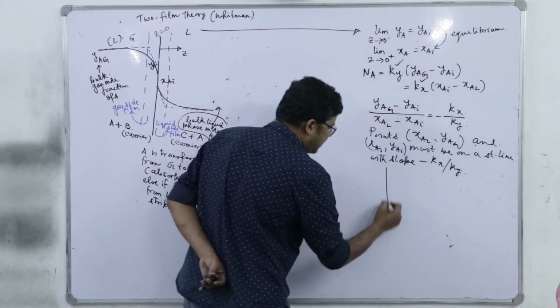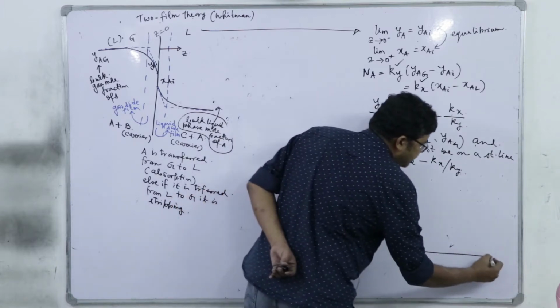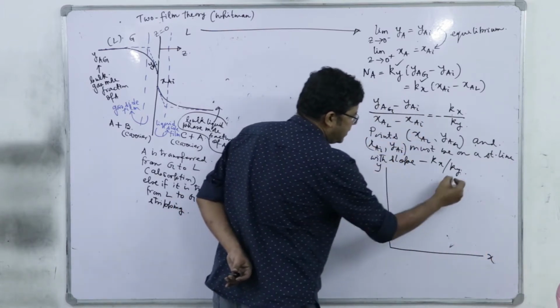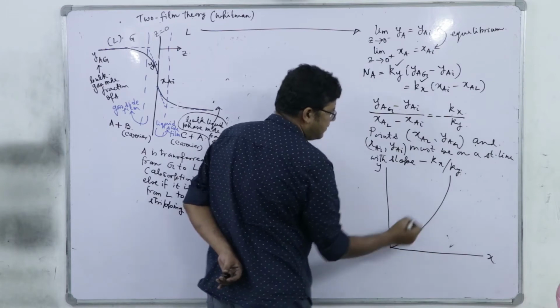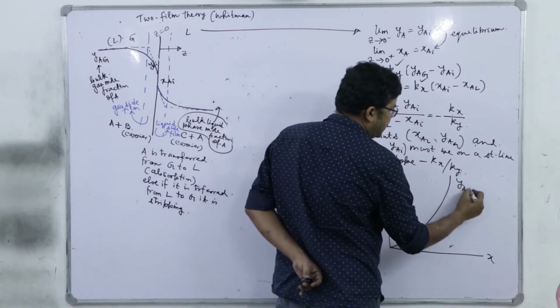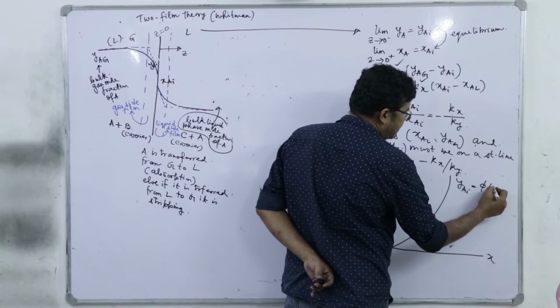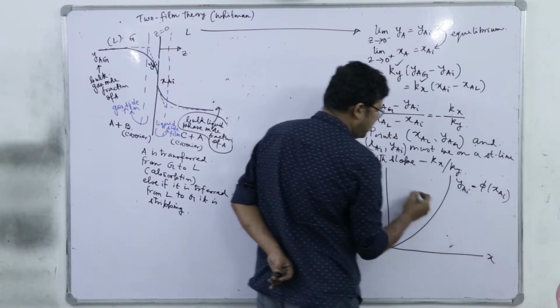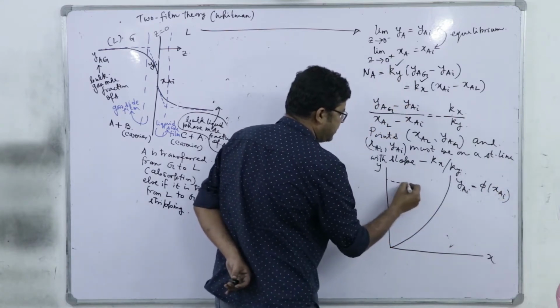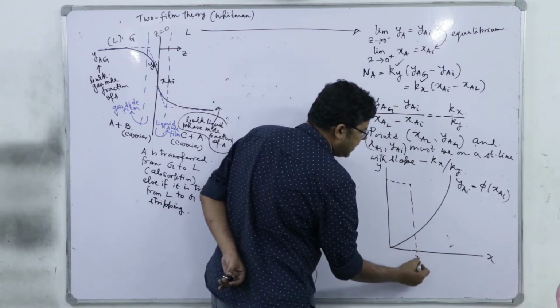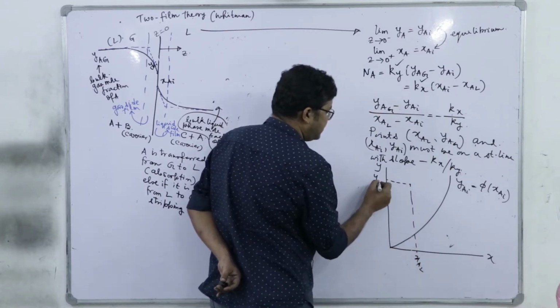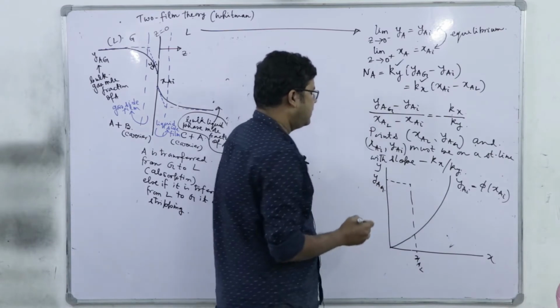So, this can be graphically interpreted with X and Y axes. Let us say this is the equilibrium line, where Yai is some function of Xai, the equilibrium relation, and we have located the point Xal and Yag.